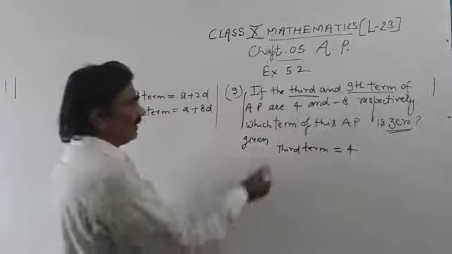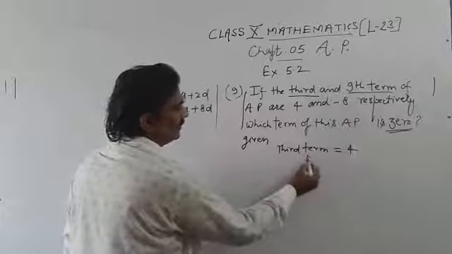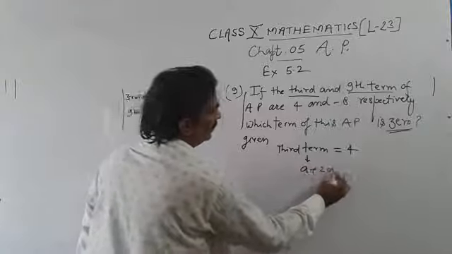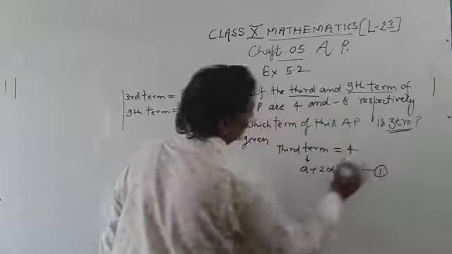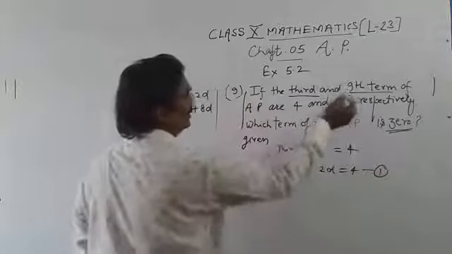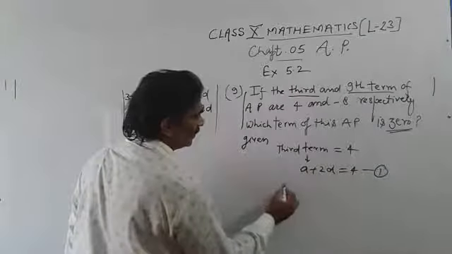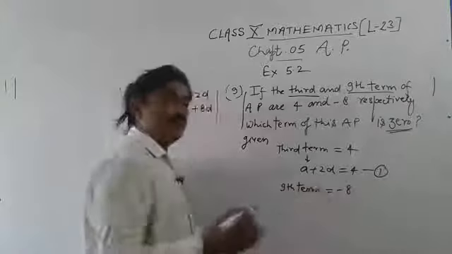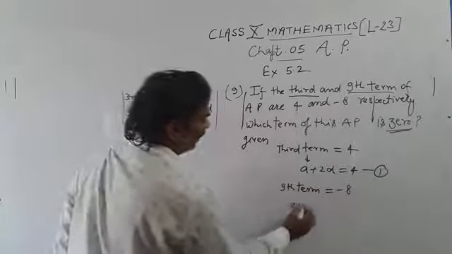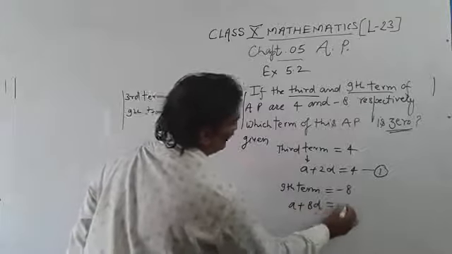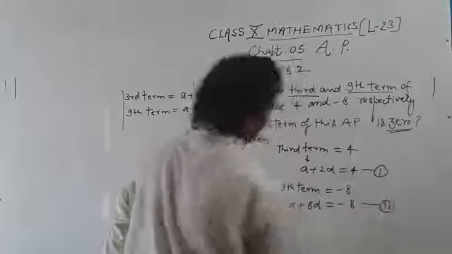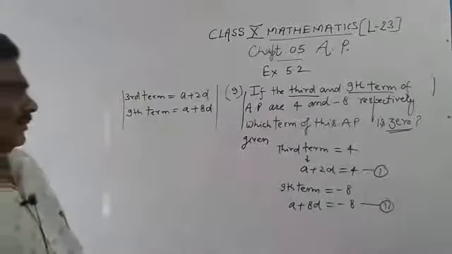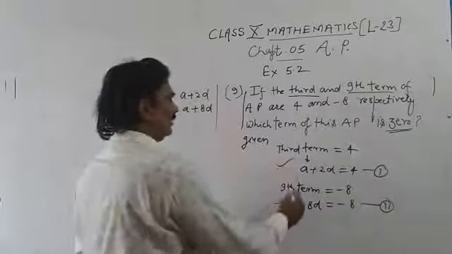So now, the third term is 4, that is a plus 2d is equal to 4, equation number 1. And similarly, the ninth term is -8, then we can write a plus 8d is equal to -8, equation number 2.